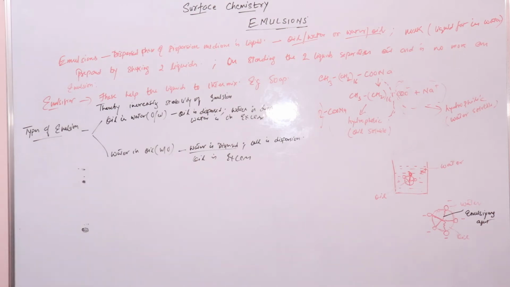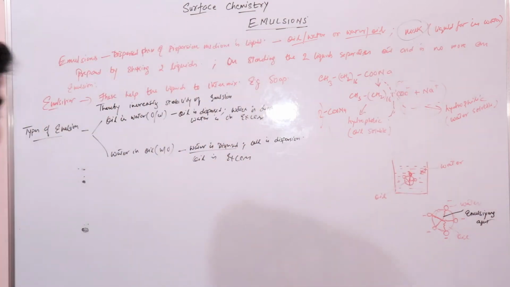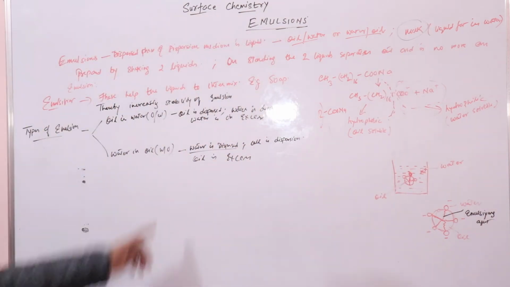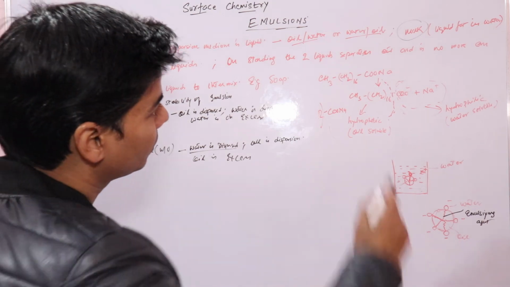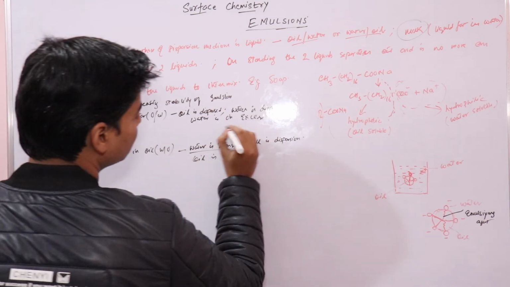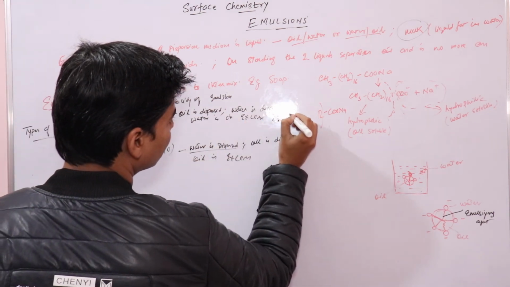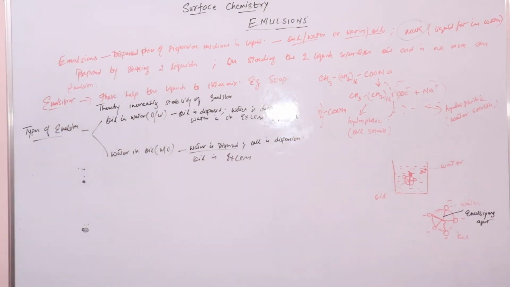So oil in water emulsion, the example that we have discussed earlier, milk, is an oil in water emulsion, and vanishing cream is also an example of the same. Milk is an example of fat dispersed in water.